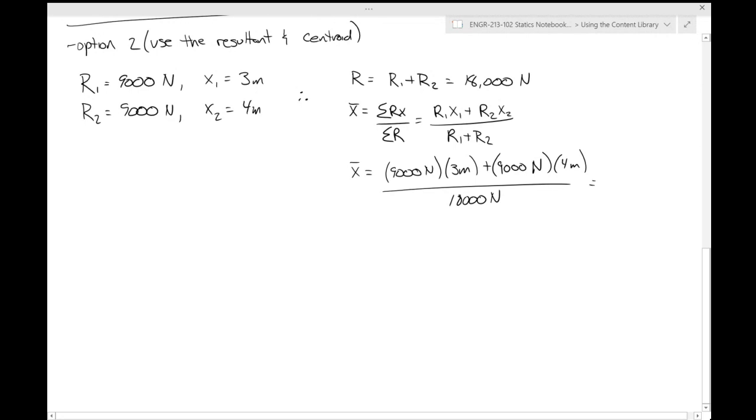And so when you chug that out, you get 3.5. And that should be pretty straightforward. If I have two equal vectors of 9,000 newtons, one's at 3 meters, one's at 4 meters, then the resultant should be right smack dab in the middle of them because they're equal.